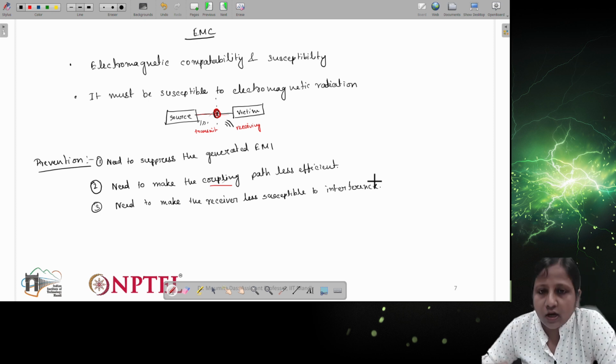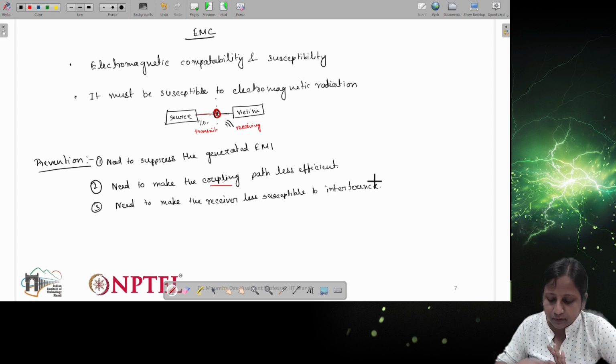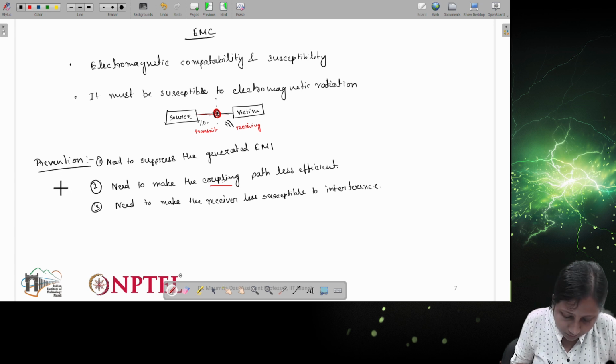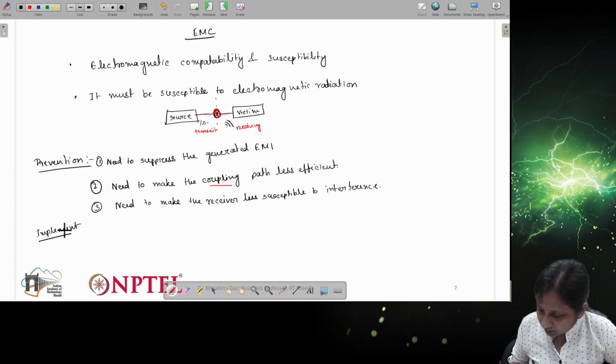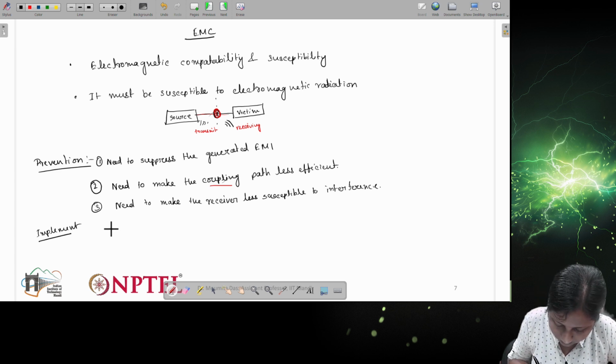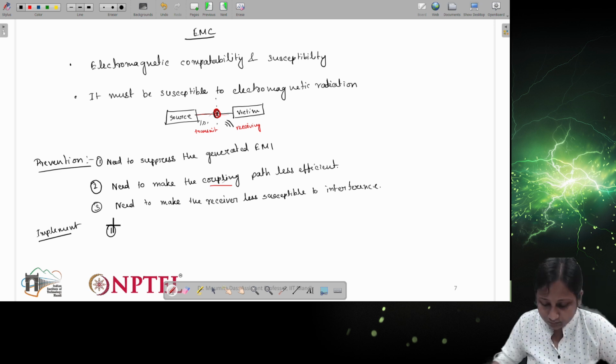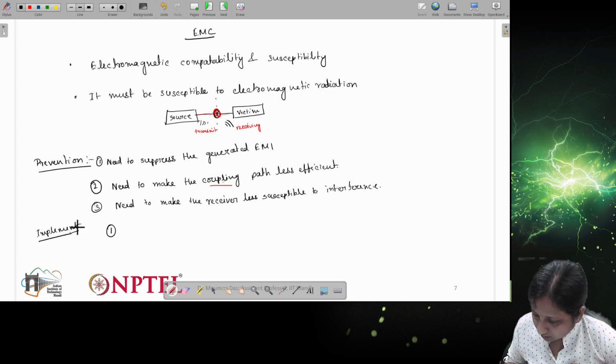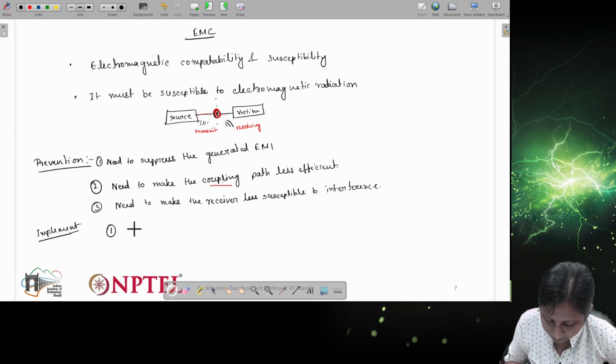Okay, so now how do we actually realize those things? These are the things we need to look into. Then how do we implement this? That is possible by, first, creating a typical electromagnetic environment.